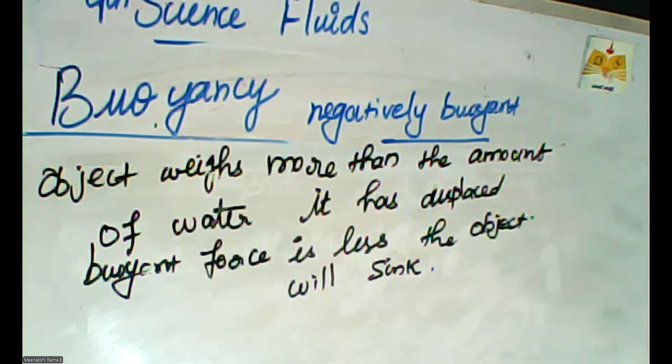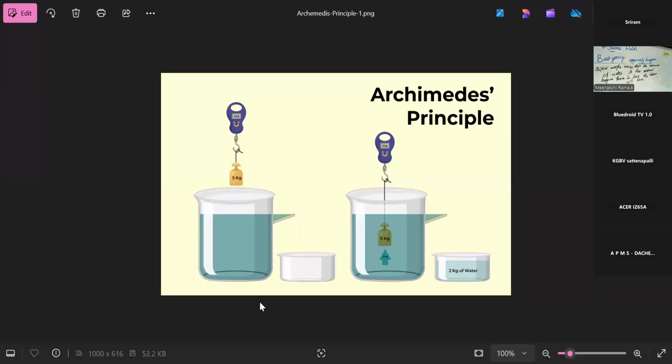Okay. The next concept is Archimedes' principle. This is also one of the important concepts. Archimedes' principle is related to Pascal's law. Archimedes devised the principle using the hydrostatic balance. There are two containers filled with water, and we immerse the weights into the water.